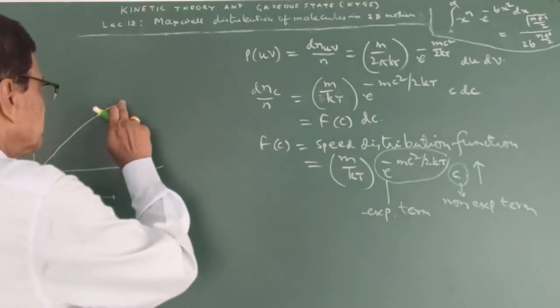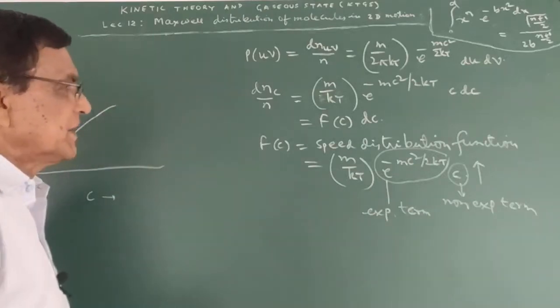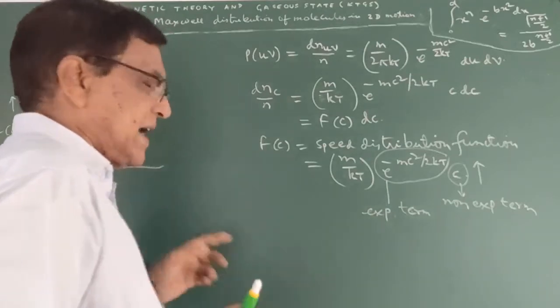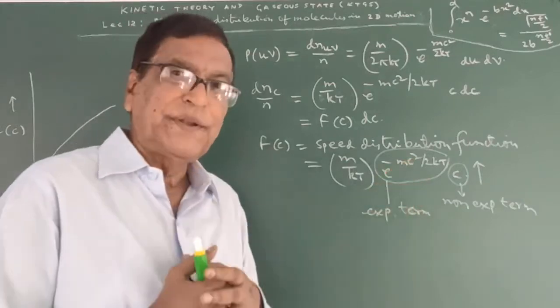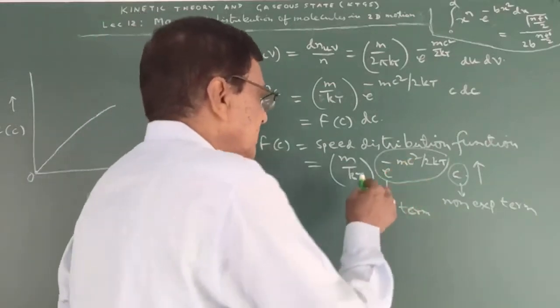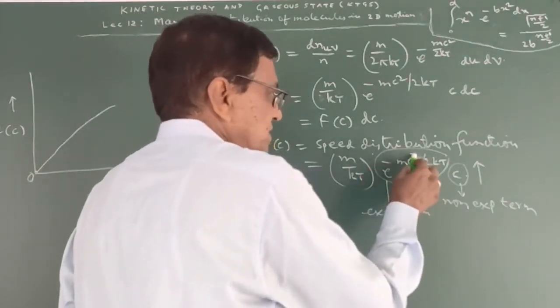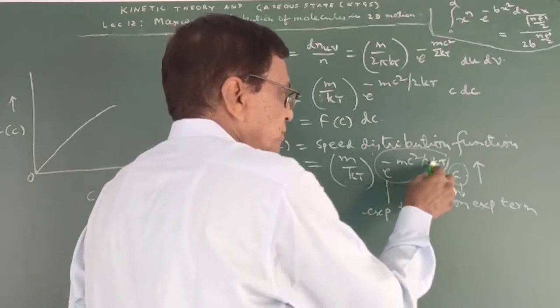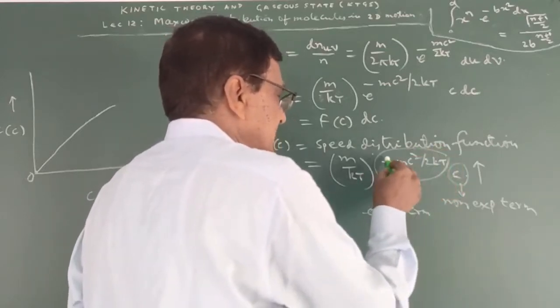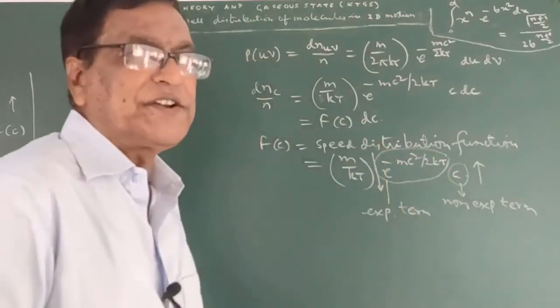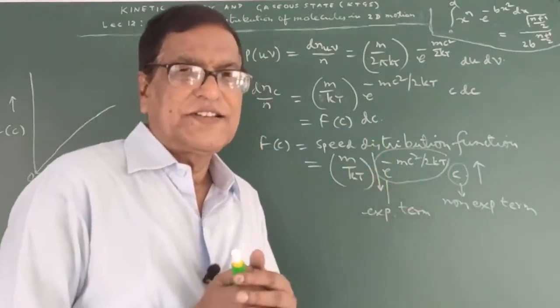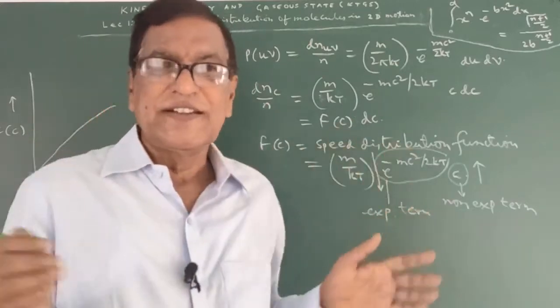But when c has a higher value, the exponential term will dominate, and as c square is there, m and kT are constants, it tries to decrease. c is large, so c square is very large.